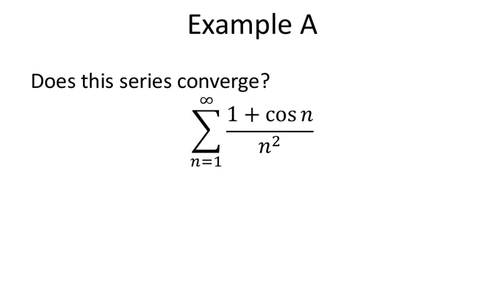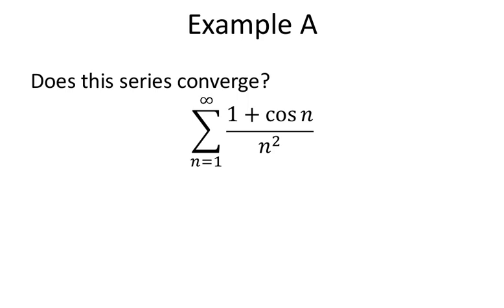So would a series like this converge? Like 1 over cosine of 1 plus cosine of n over n squared. If we want to test that it converges, we want to find a different series that's greater than this for every term, and then verify that it converges.